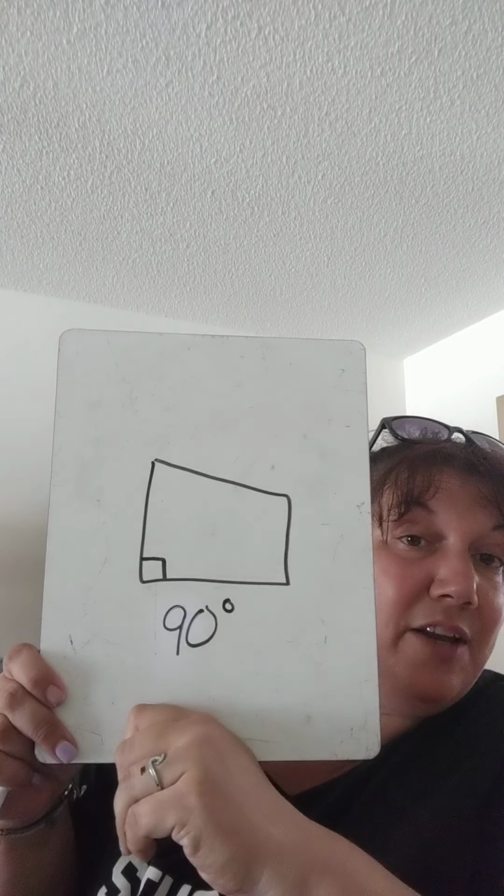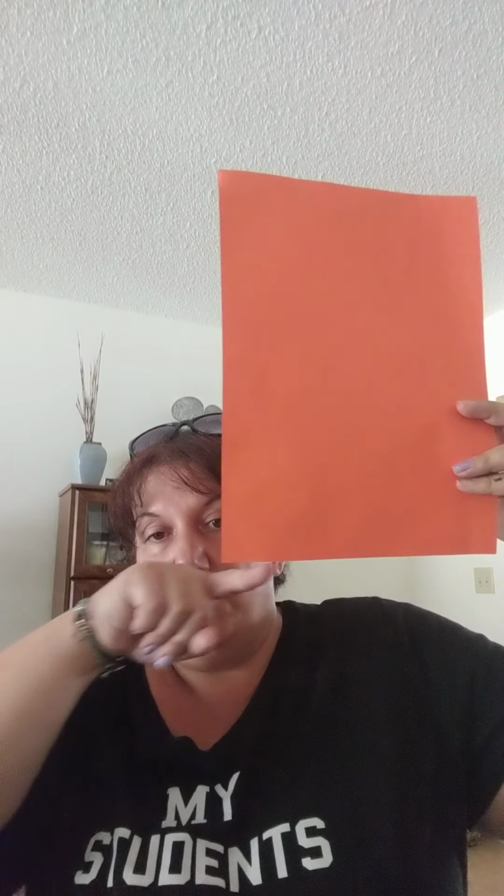Now in 4th grade, you're going to get a protractor and you're going to be measuring angles and the degrees. So it's important that you know that a right angle has 90 degrees. As I showed students on Zoom, if you go like that, that can kind of tell you what 90 degrees is. However, what the book tells you to do is take a piece of paper; this corner is 90 degrees.